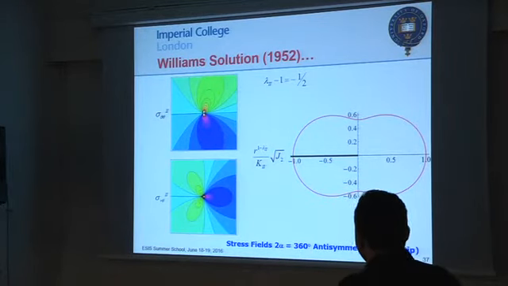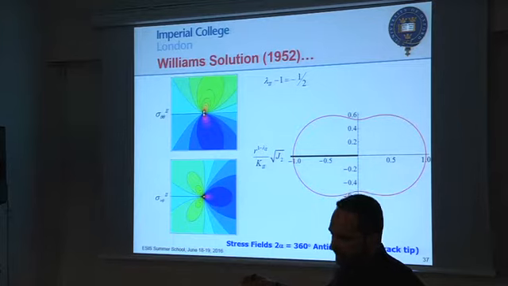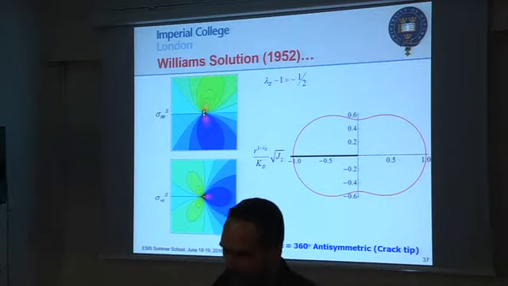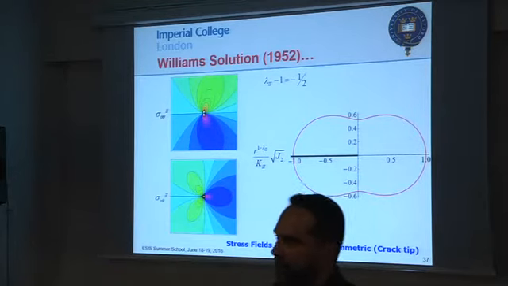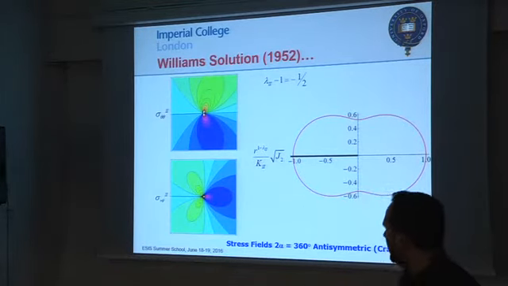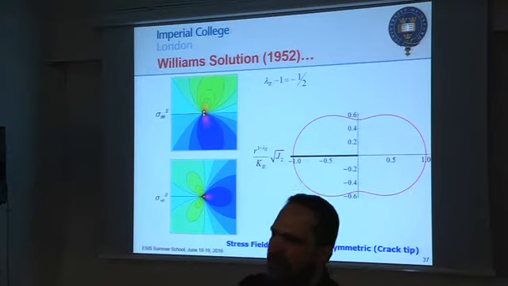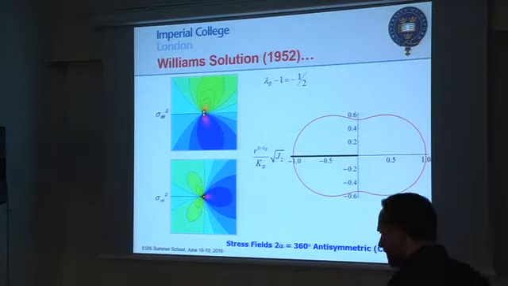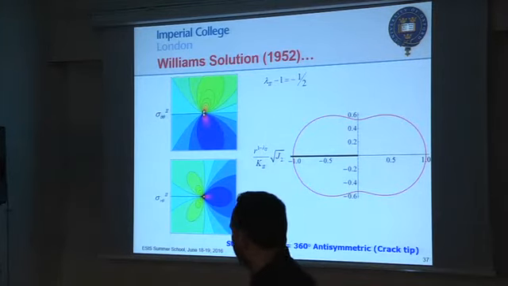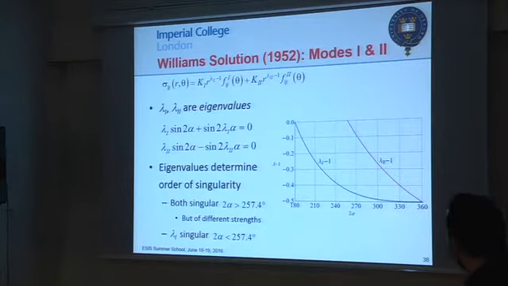So, we now know that for any notch, we can find out if it's singular in both modes, or singular in just one mode and not in the other one. Certainly if we are loading it in plane, and we have both mode 1 and mode 2 loading, we have the possibility to study this. Now, a little digression.